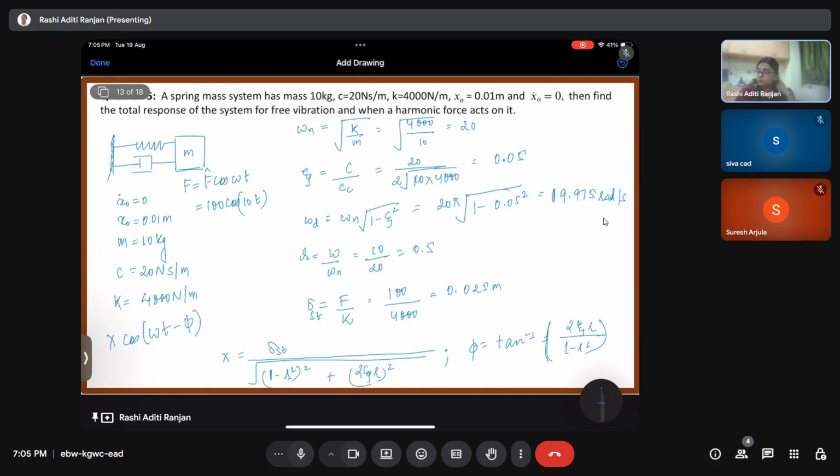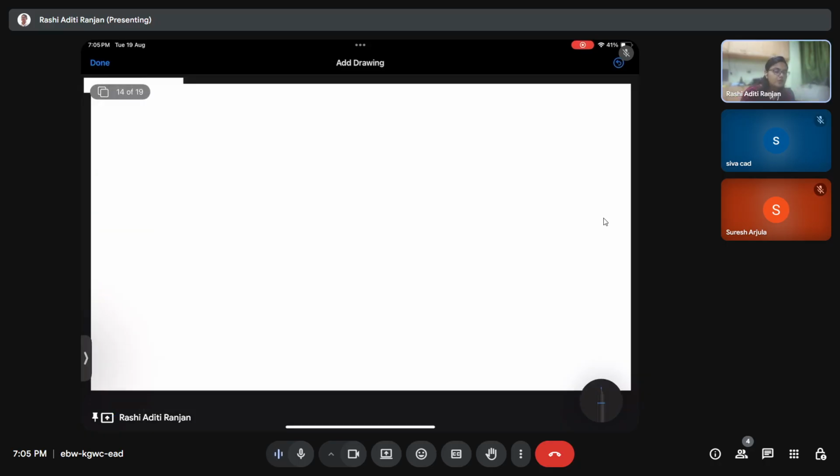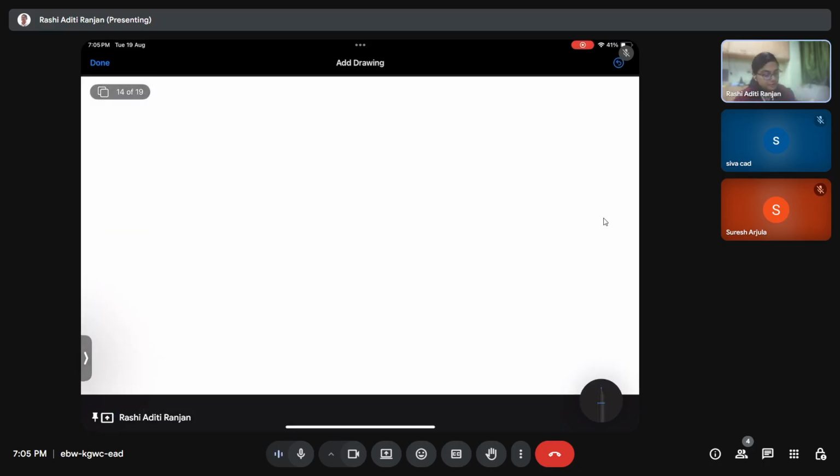Okay. Now, if I evaluate these two values, because I already have the values, I can just evaluate it.